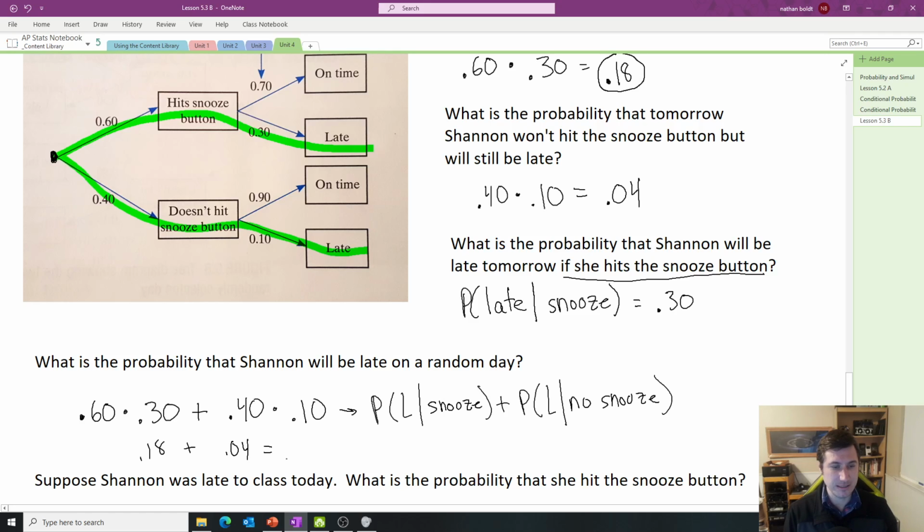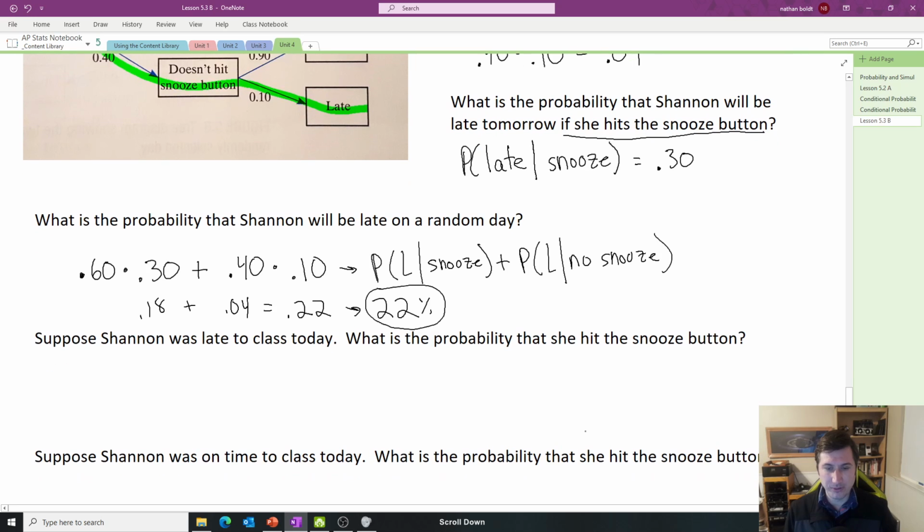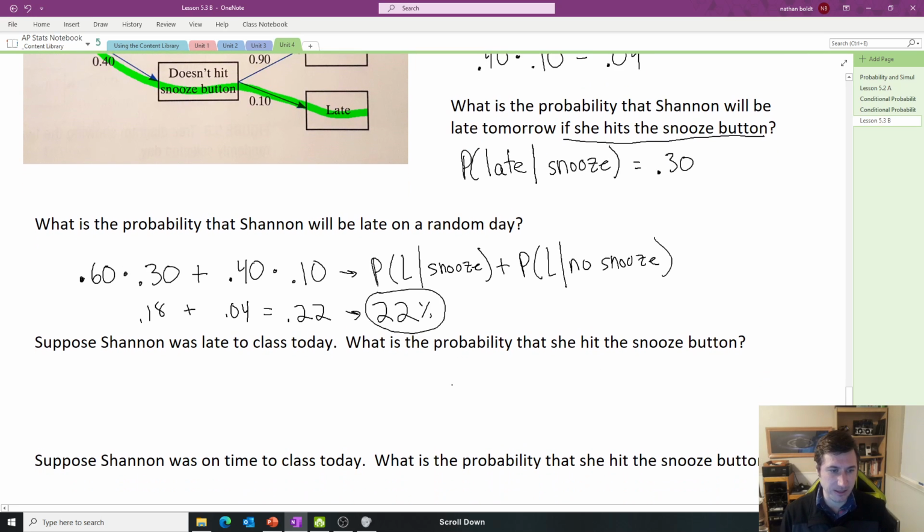So there is a 0.22 or a 22% chance that she will be late. In any method, either hitting the snooze or not hitting the snooze, overall there's a 22% chance she will be late. All right, a couple more here to really use this tree diagram.